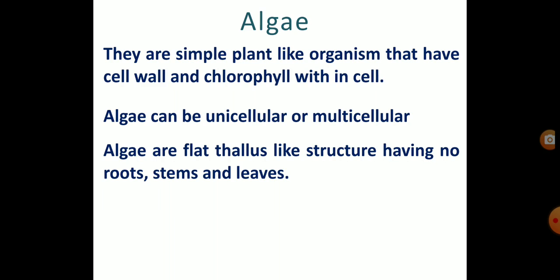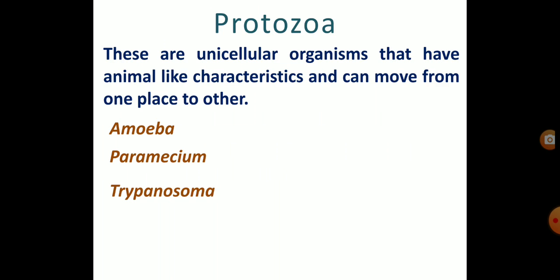They have no root, stem or leaves. They have a flat structure called thallus. They are found in snow, some in hot springs. They grow in moist soil, bark of trees and rock surfaces. They often grow in water and on the surface of wet rock. Some algae are Spirogyra, Chlamydomonas, Fucus, Laminaria. These are the different kinds of algae.